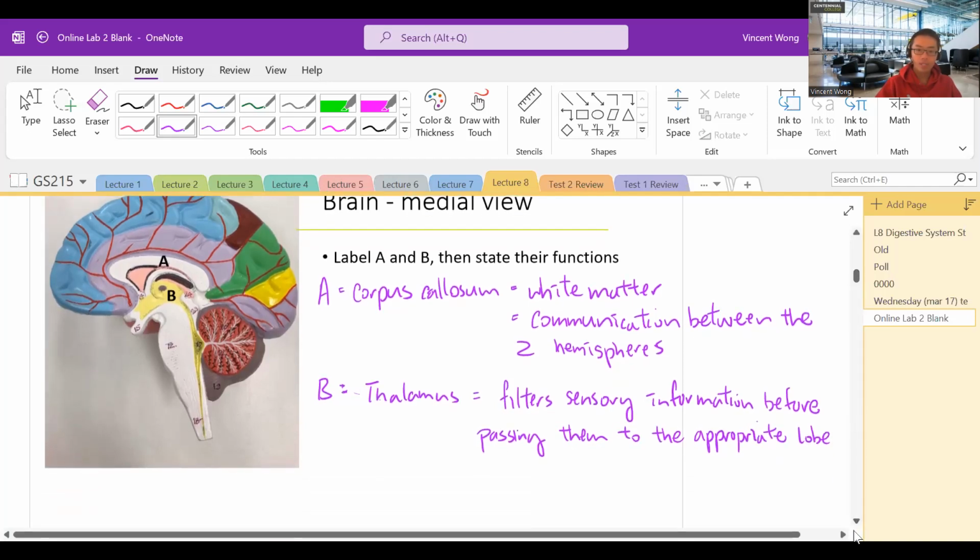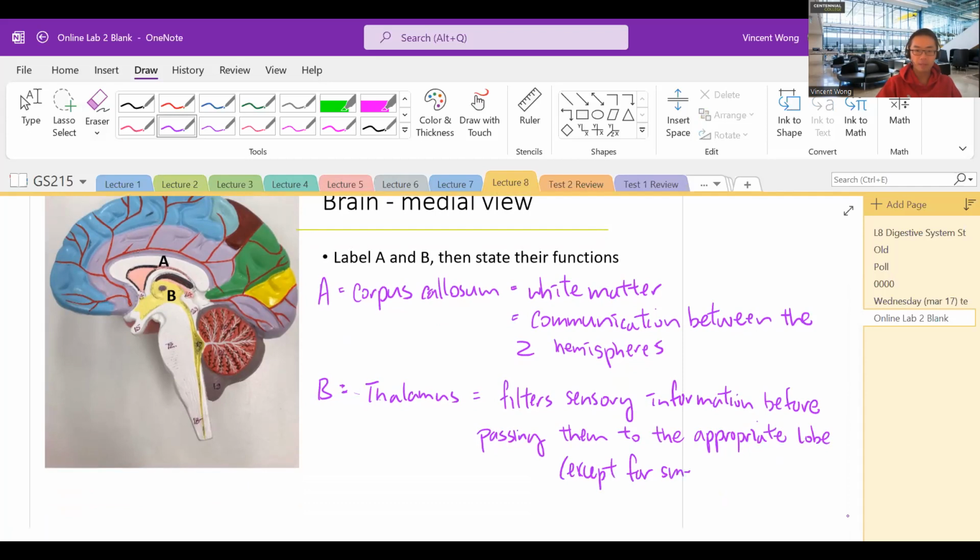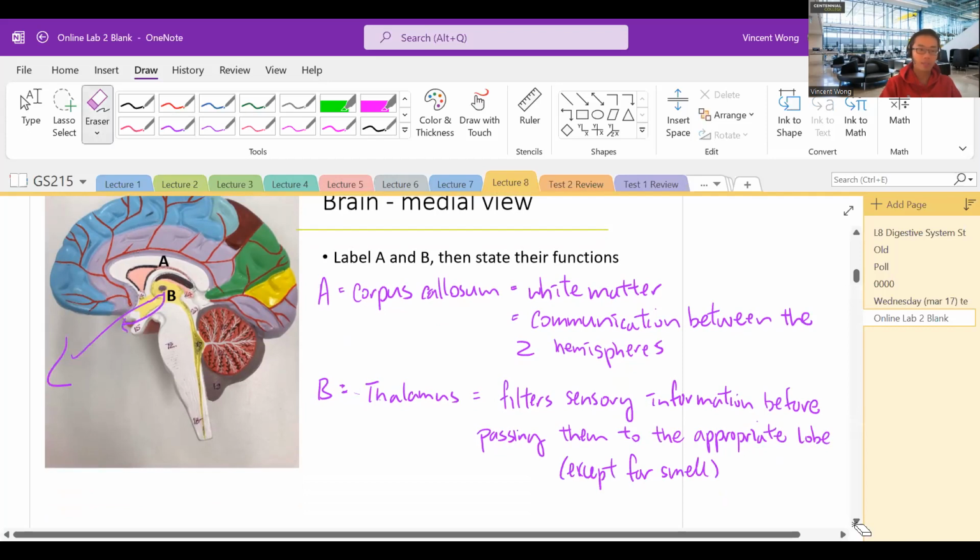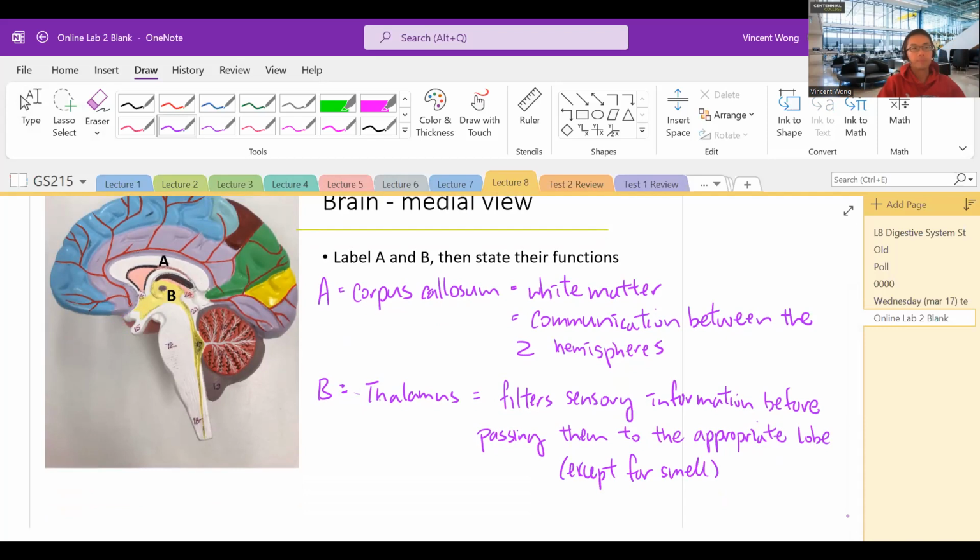All the sensory information passes through the thalamus except for smell. Your nose is right here. It doesn't make sense to go up there and then come back out to the temporal lobe. It just goes directly to the temporal lobe. Okay.